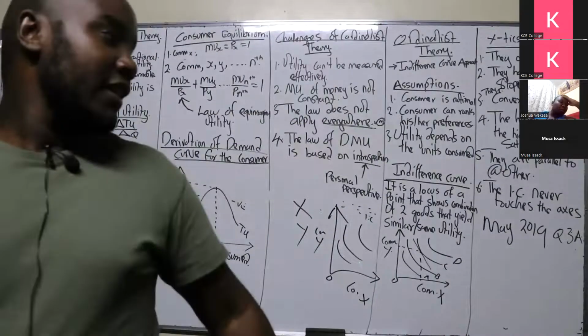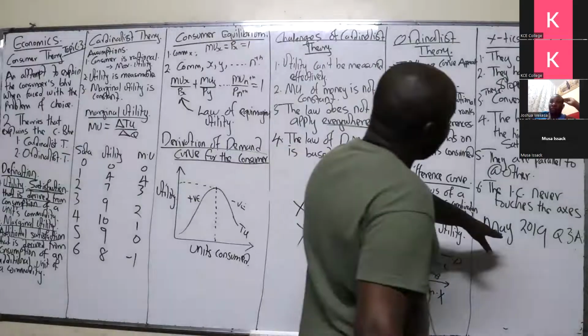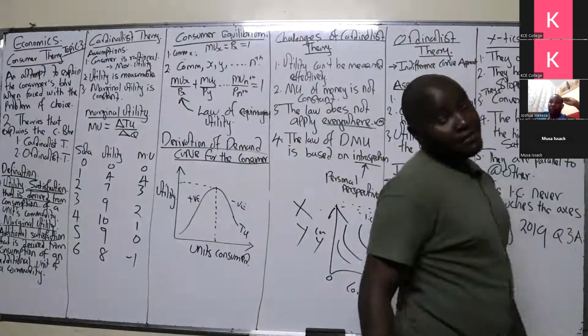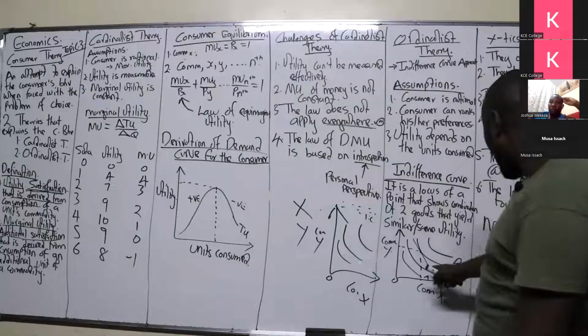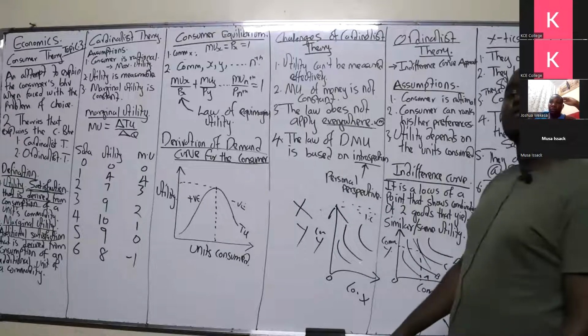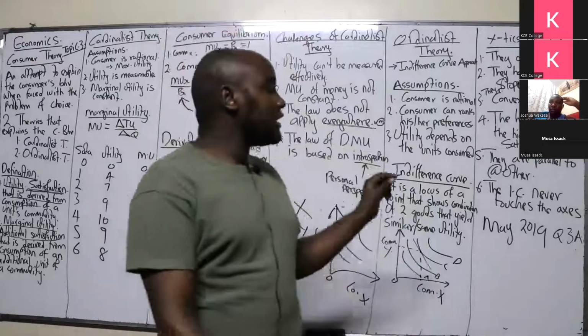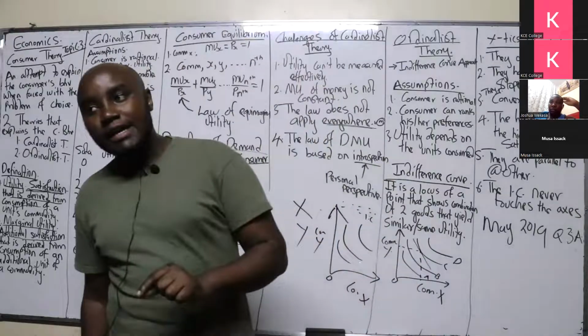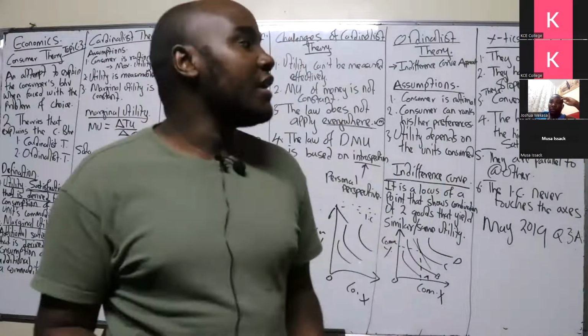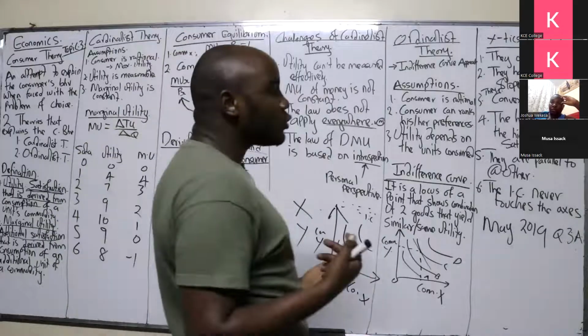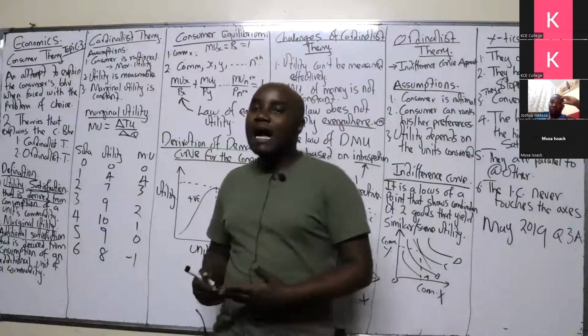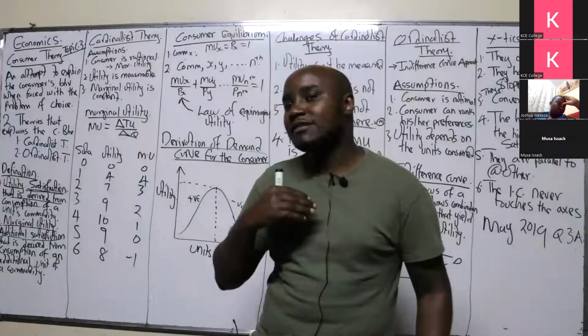The slope of the indifference curve, as we are talking about how you can obtain it, shows the marginal rate of substitution of commodity X and commodity Y, meaning how willing we are to consume this commodity at the expense of the other.